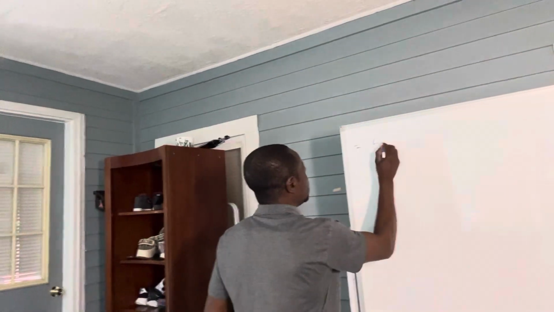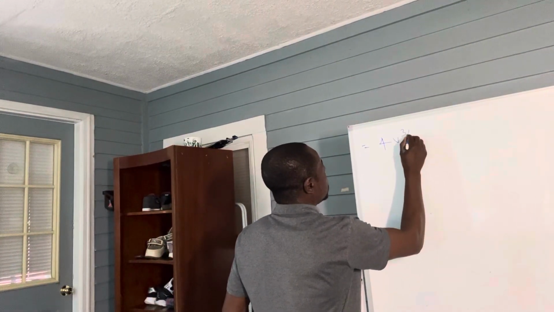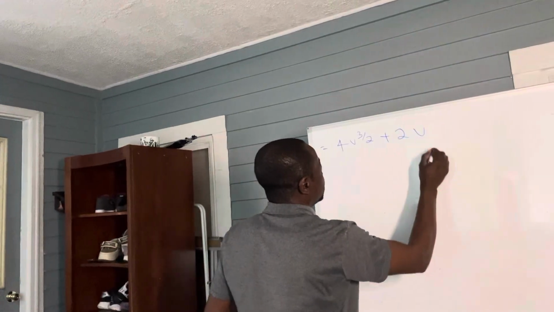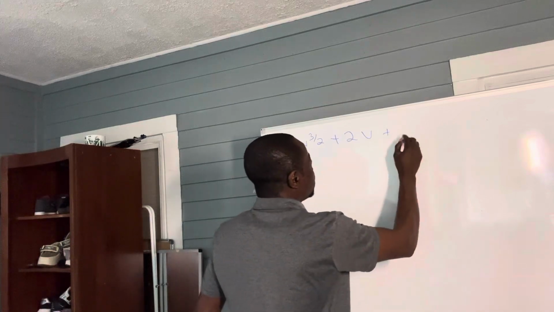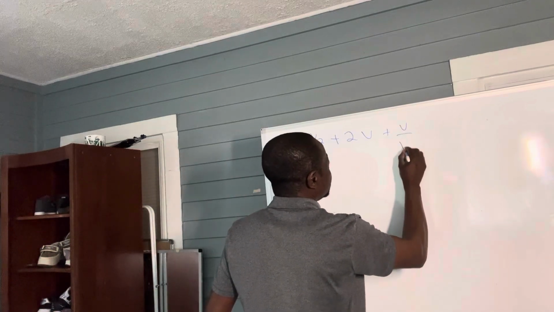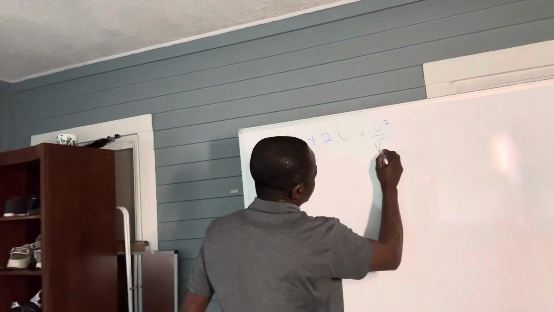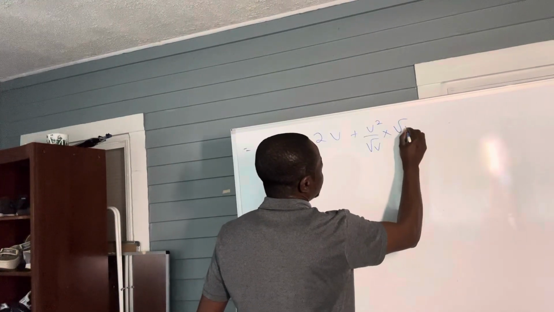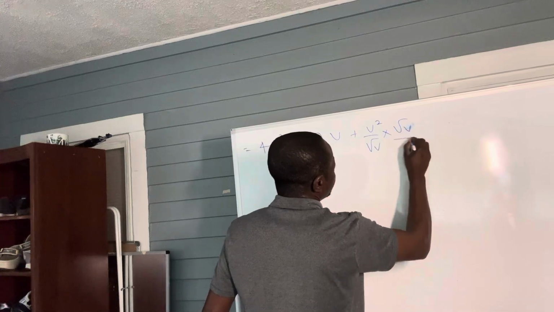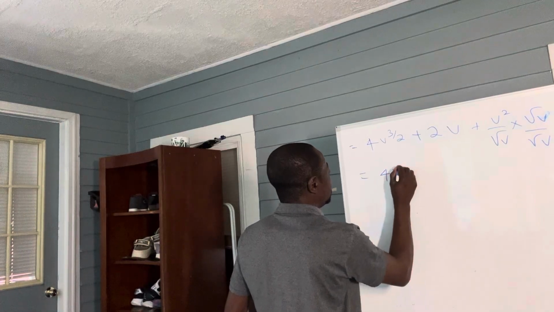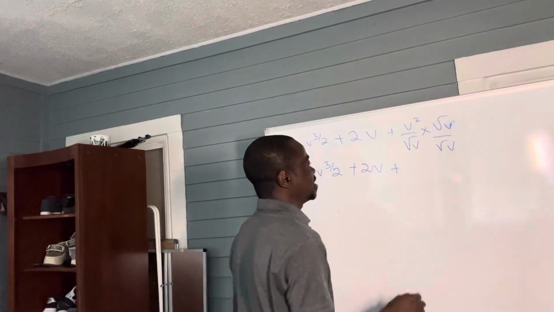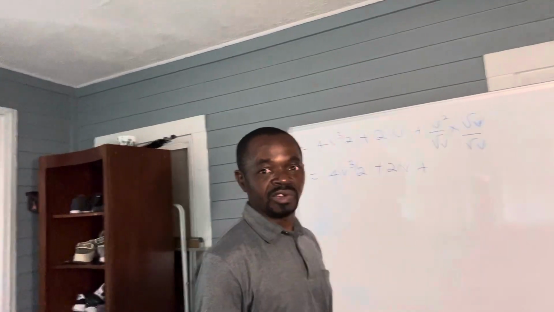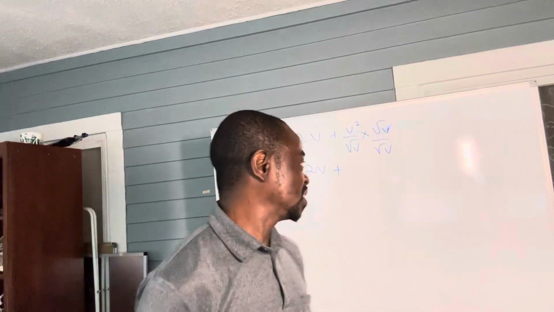So we have 4v to the power 3 over 2 plus 2v. This is plus v squared over root v, then multiply by root v all over square root of v. So this gives us 4v to the power 3 over 2 plus 2v and plus, multiply this one by that, multiply the numerator, also multiply the denominator.